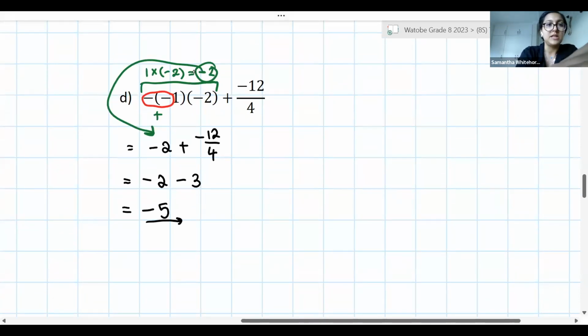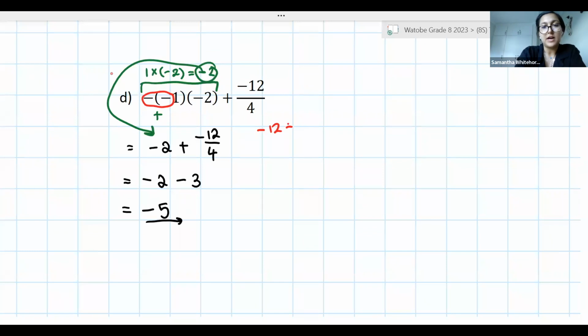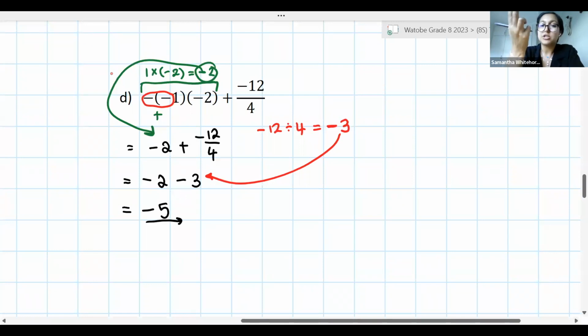The next thing is we need to deal with the division. When we are dividing, a -12 divided by a +4, negative divided by a positive is a negative, and 12 divided by 4 is 3. So that's where we're getting this -3 from. Now, what Shana did was write the -3 and the -2.